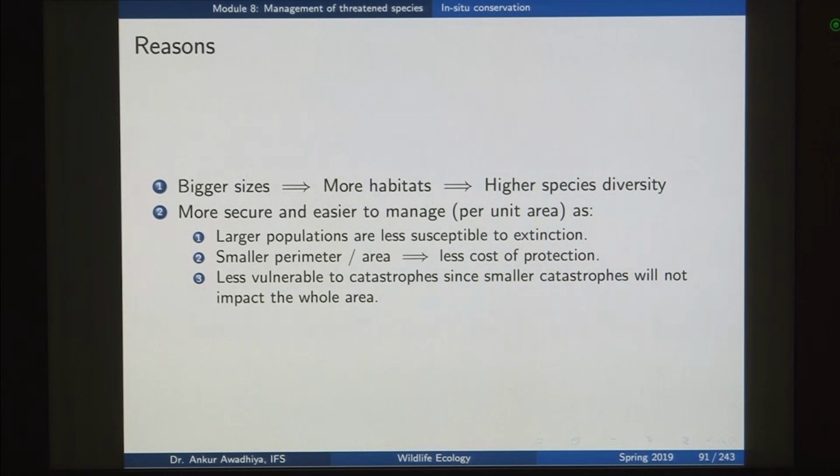Also, larger sized reserves can protect species that have a large home range requirement, which is not possible in smaller sized reserves.